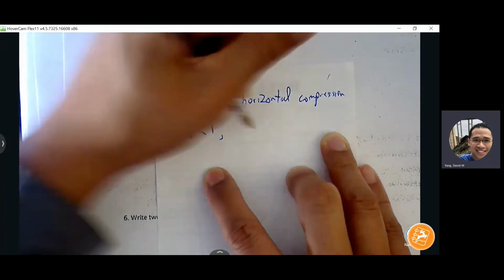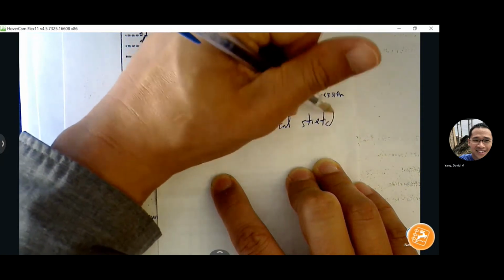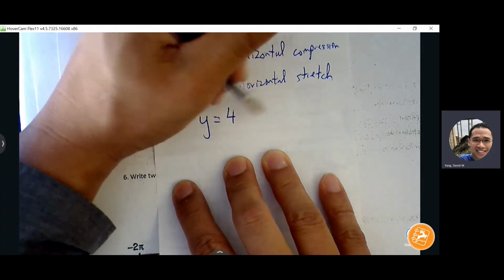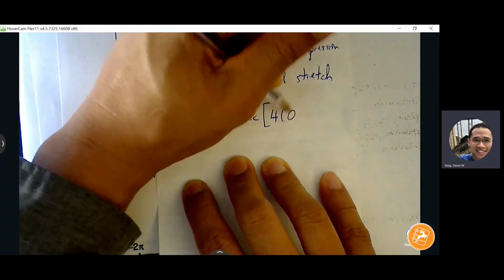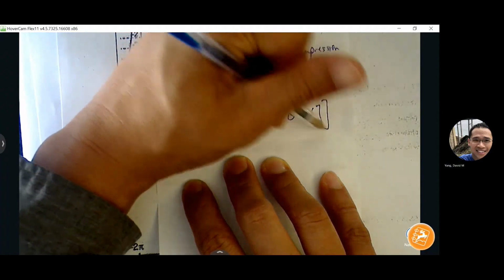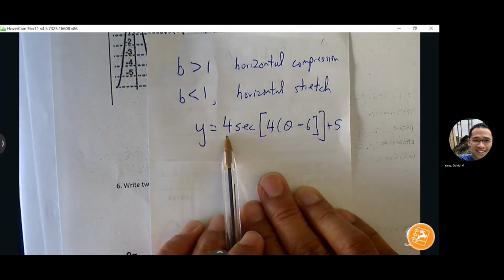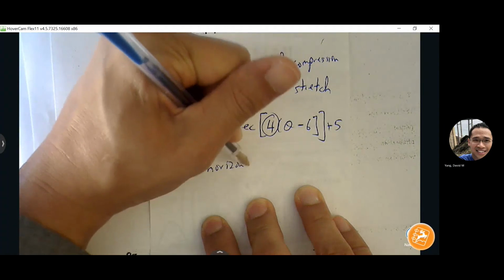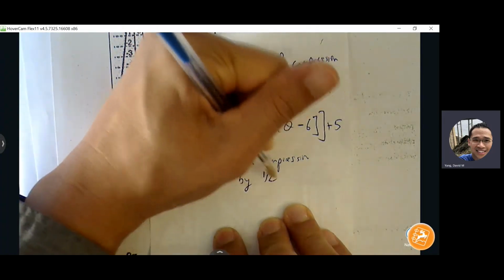If b is less than 1, there's a horizontal stretch. So for instance, if I have y equals 4 secant of 4 theta minus 6 plus 5, then what would you say? It's a compression, right? So you'll say horizontal compression by 1/4.